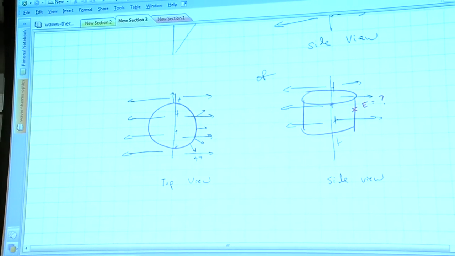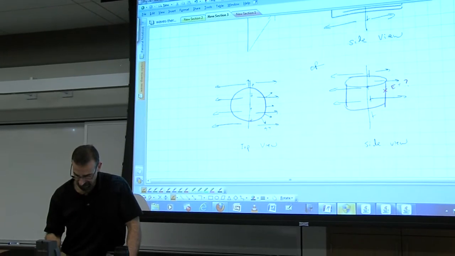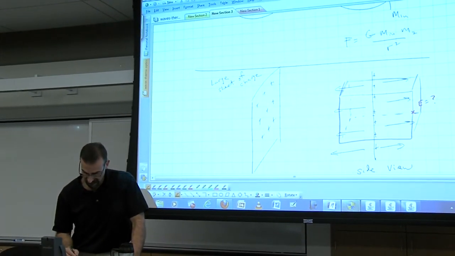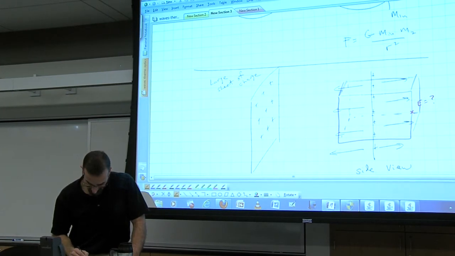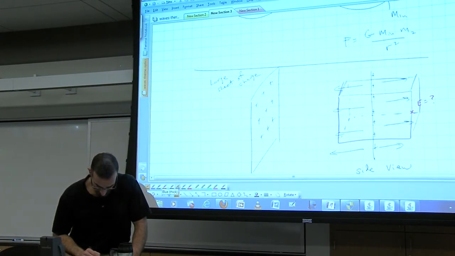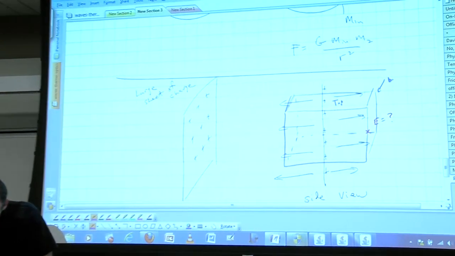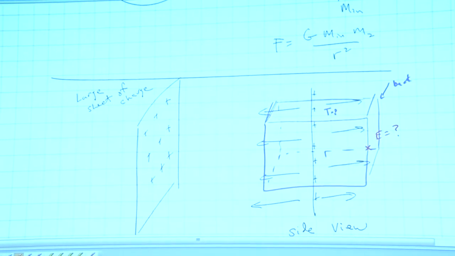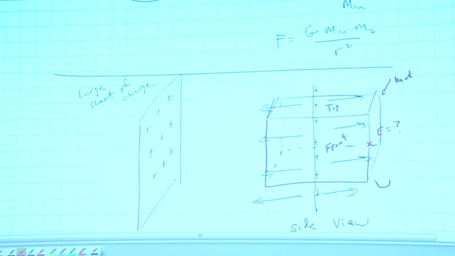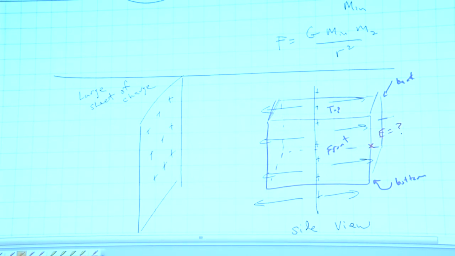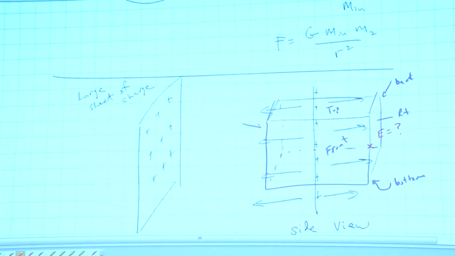Why was the square okay? Let's go back, look at the square. Let's number the sides, maybe. We've got the top, the back, the front, the bottom, the right, and the left.